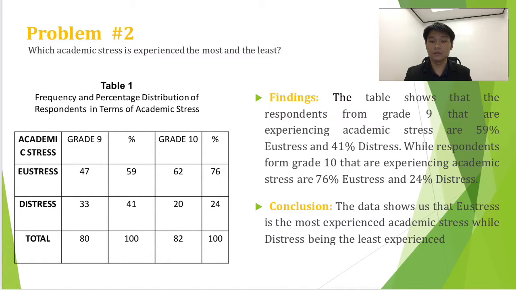For the conclusion, the data shows that eustress is the most experienced academic stress, while distress is the least experienced by the students.